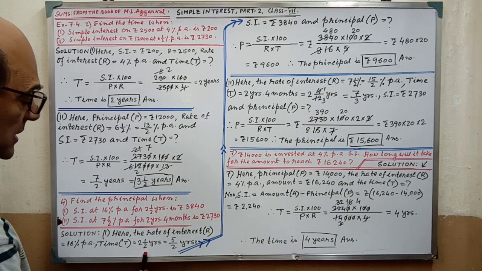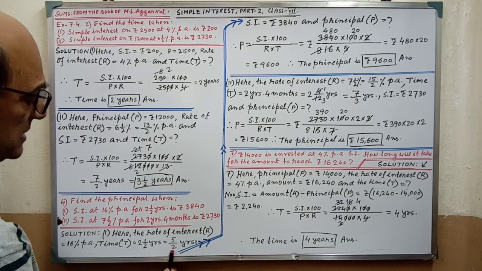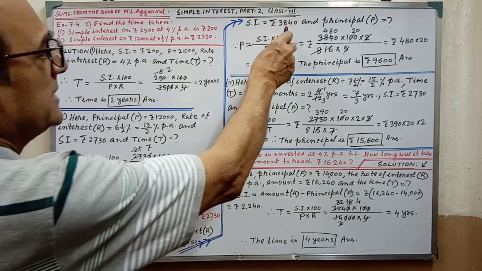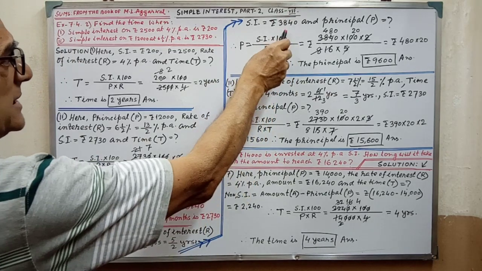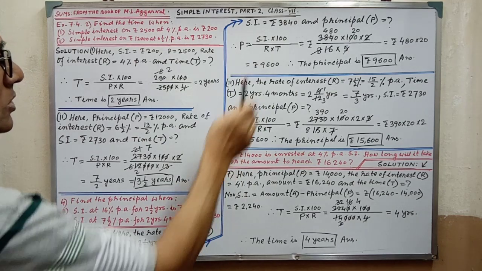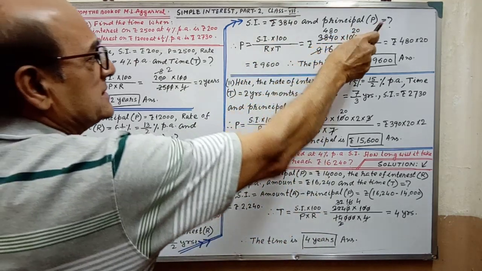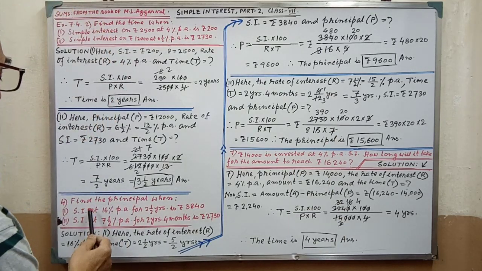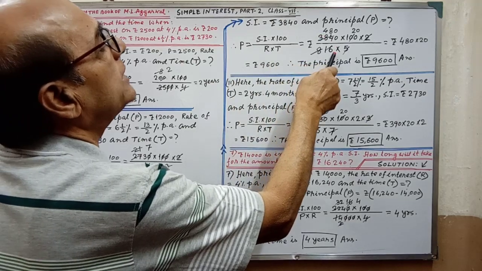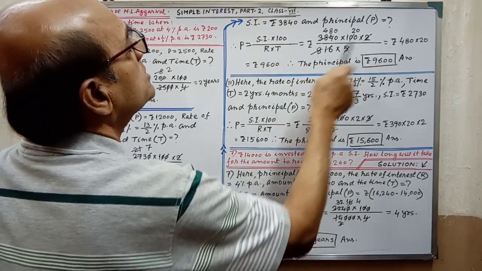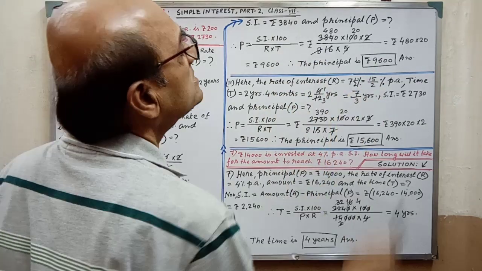Time is given here in mixed fraction, that is in improper fraction, 5/2 years, and SI equal to 3,840, and principal is required. So by applying the formula and putting the relevant values, by calculation we are getting this. Therefore the principal is rupees this.